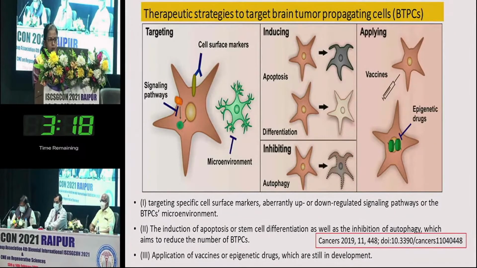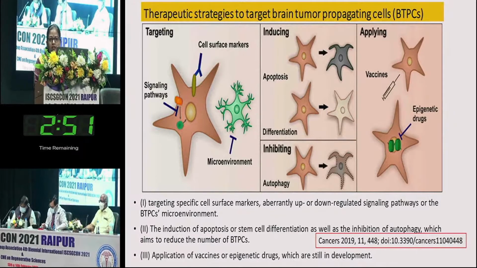What are the therapeutic strategies to target these stem cells within glioblastomas? As you can see from this figure, there are three important things that we target. One is the cell surface markers on these stem cells, the signaling pathways which help in proliferation of these cells, and the microenvironment and the interaction of these stem cells with the microenvironment that helps them stay. What happens as a result of targeting these markers?